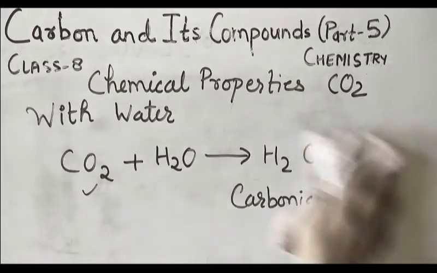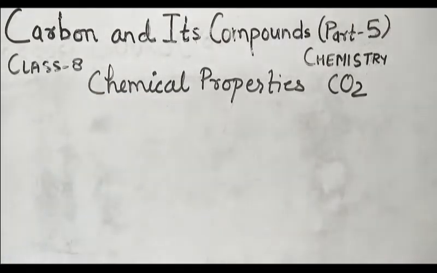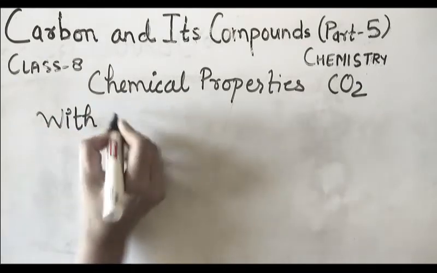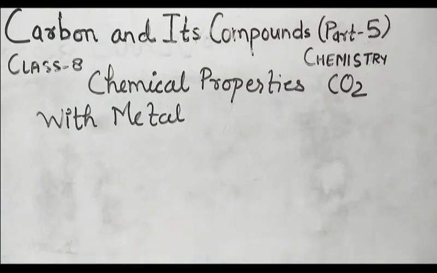Okay, now let us see the other chemical property, that means reaction of carbon dioxide with metals. Any metals you can use, I am just going to take magnesium. So when carbon dioxide reacts with the metals, it is going to form metal oxide.